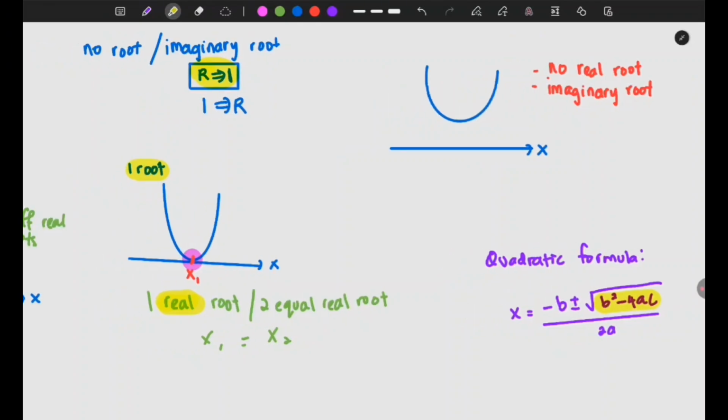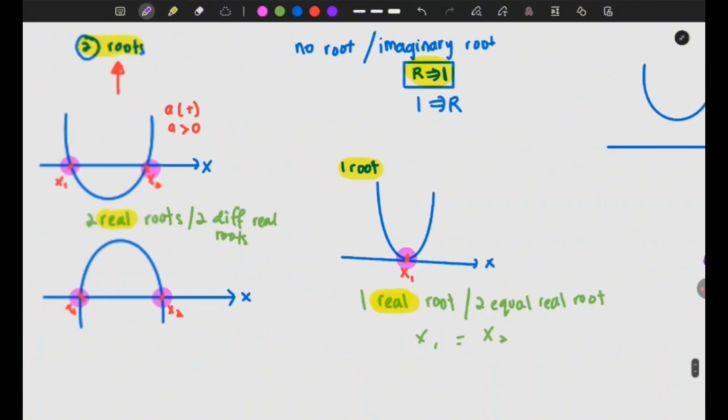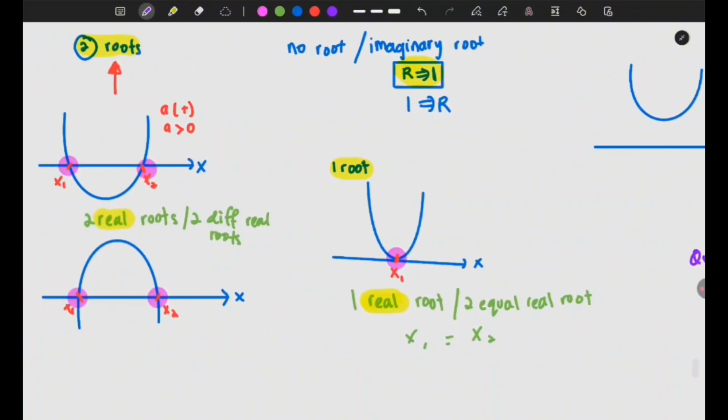So the equation for two roots, we will use b square minus 4ac more than 0. If it's two roots, they mentioned two roots in the question. Just remember this equation, b square minus 4ac more than 0. If just one root, then your equation is going to be b square minus 4ac equals to 0.